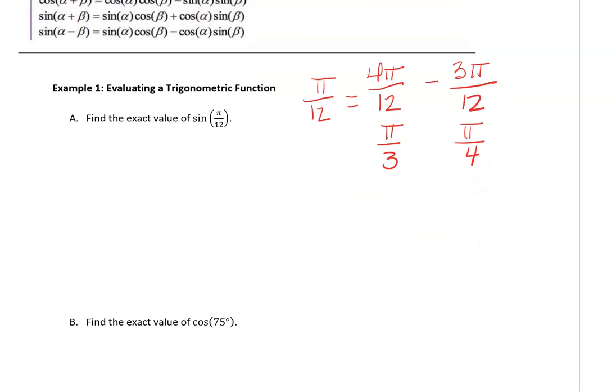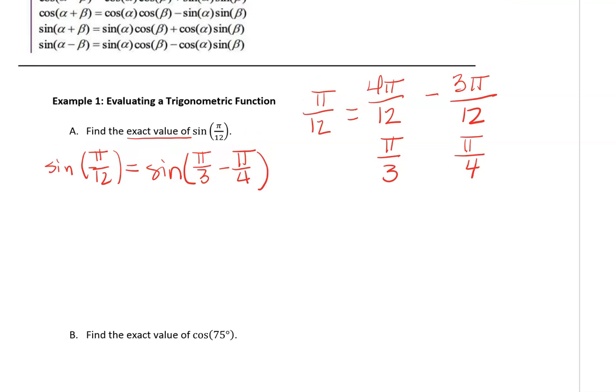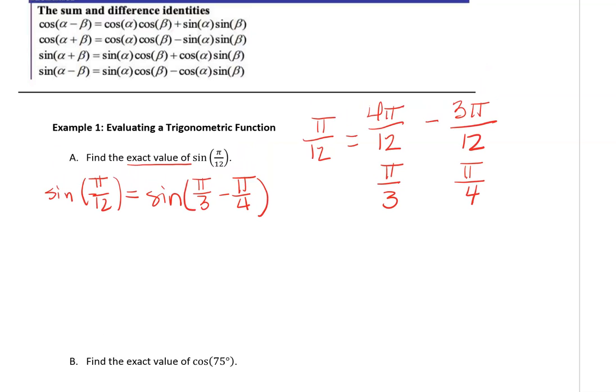So if I come back to my trig function and look at sine of pi over 12, and this is because I'm looking for exact values, that would be equal to sine of, let's use our reduced fractions, pi over 3 minus pi over 4. So I'm going to use my sum and difference identities. I'm using sine and subtraction, so I'm going to use this bottom one.